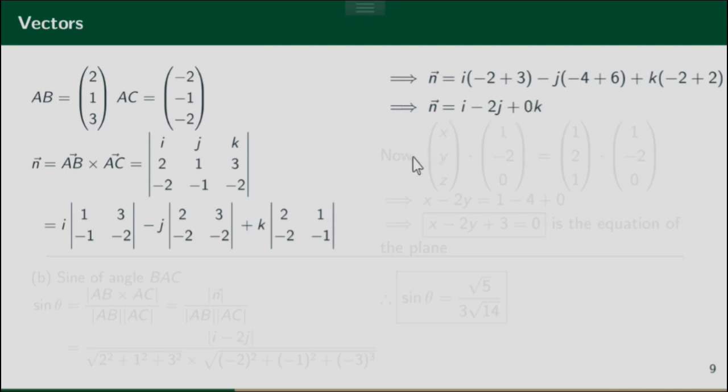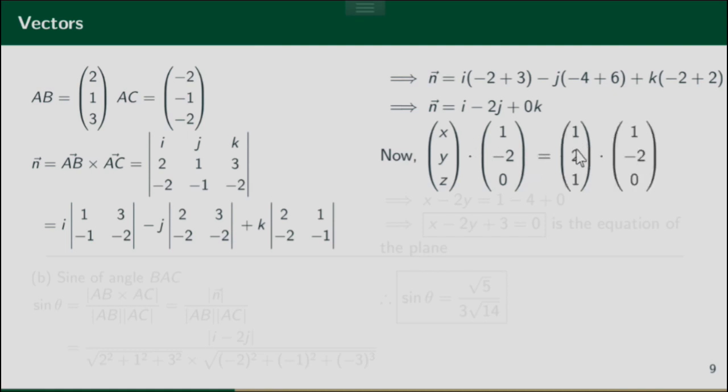Now, recall, let's use the formula r dot n, where r is the general point x, y, z, dotted with the normal vector 1, negative 2, 0, equals a dot n, where a is the position vector OA, which is 1, 2, 1.